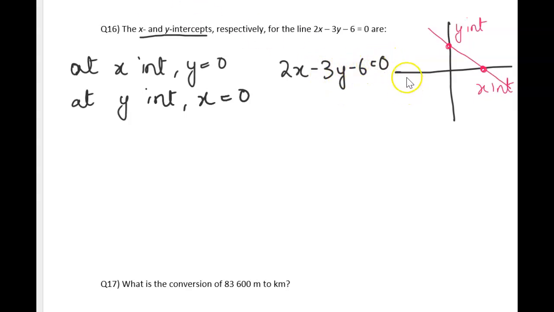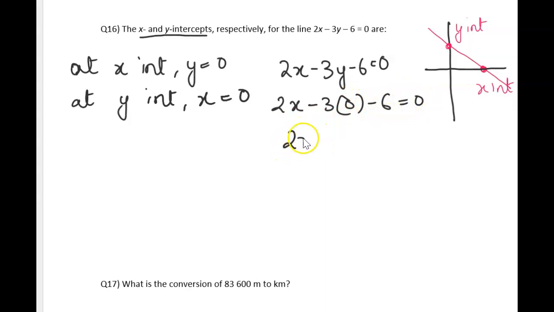So this is your equation: 2x minus 3y minus 6 is 0. You put y as 0 when you're finding the x-intercept. It becomes 2 times x minus 3 times 0 minus 6 equals 0. Solve this: 3 times 0 becomes 0.